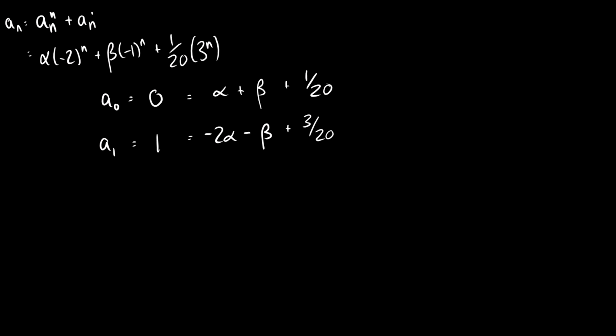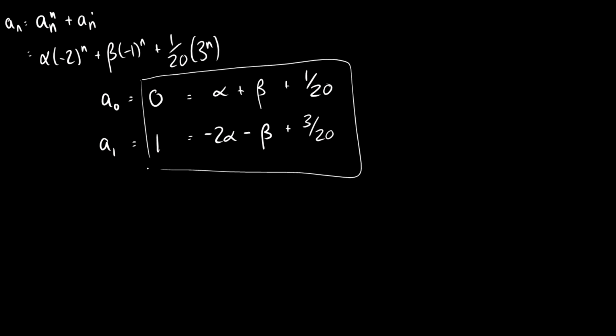Okay, so let's take a look at this system of equations. This means that -1/20 is going to be equal to alpha plus beta, and 17/20 is going to be -2 alpha minus beta.